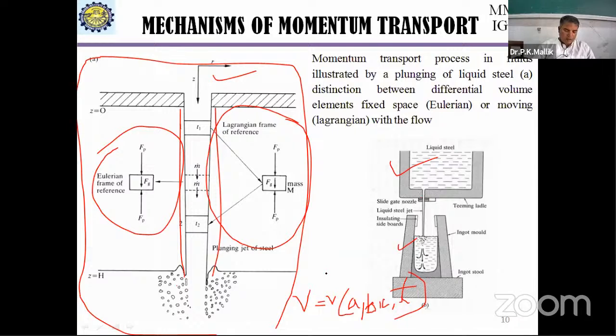Here the coordinates a, b, c refer to the initial position of the fluid element. This is the Lagrangian frame of reference.